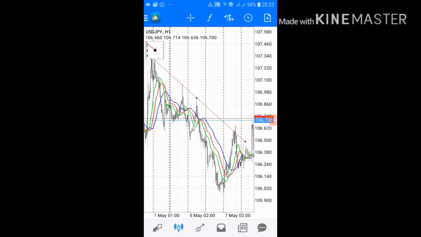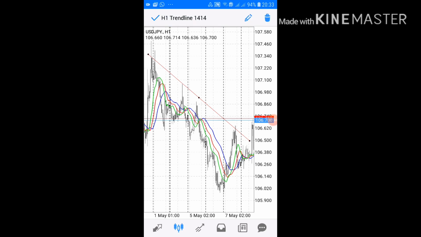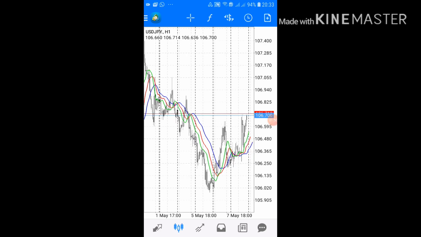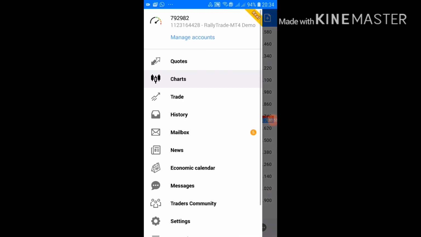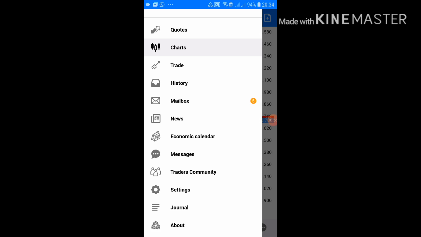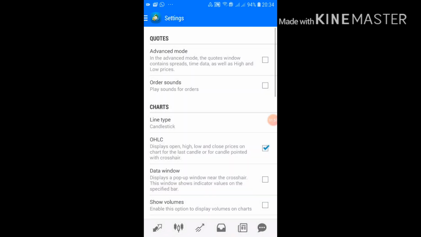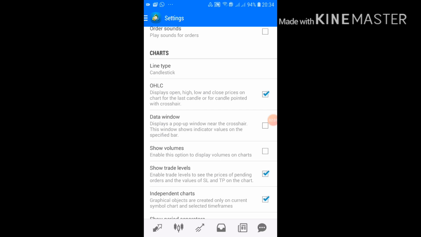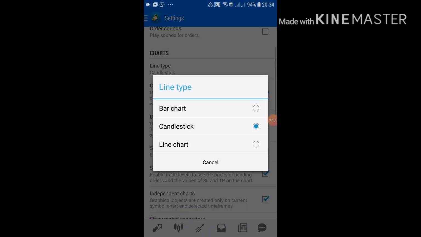So remember how to change from your candlestick to a line chart. For the Android device, it's quite more complex because you have to go all the way to your setting here, and then you have to change. You can see on that chart where you have line type candlestick, you can change it from candlestick to line chart.